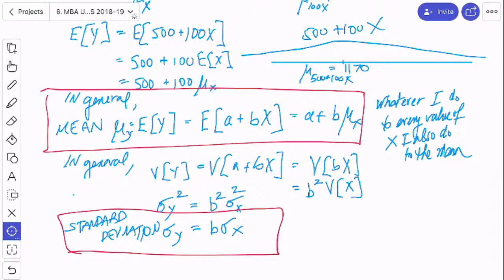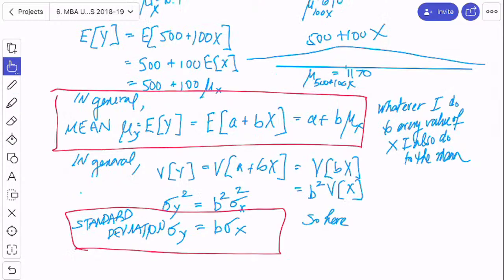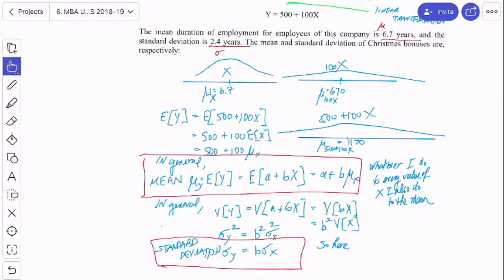So knowing this, for this exercise, what would be the standard deviation? The standard deviation you're told is 2.4.